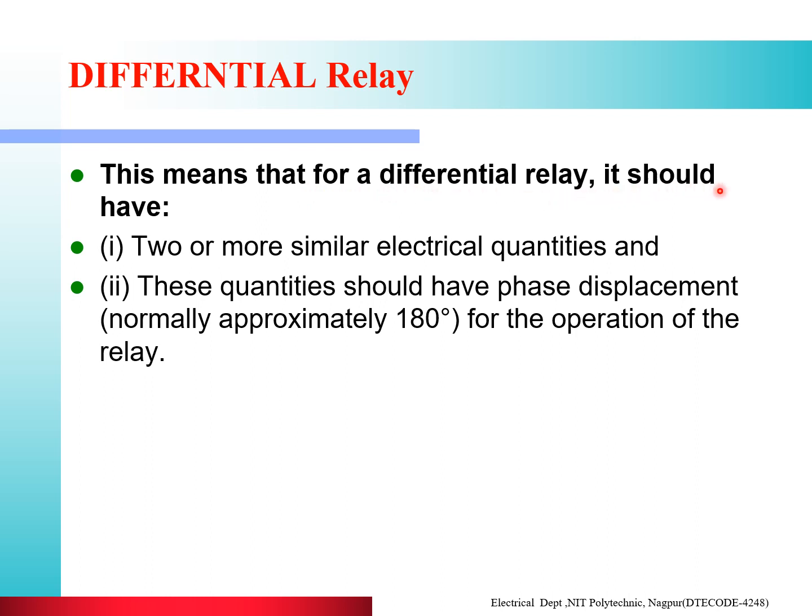For a differential relay there should be two or more similar electrical quantities, either current or voltage, and these quantities should have a phase displacement, normally approximately 180 degrees, for the operation of the relay.